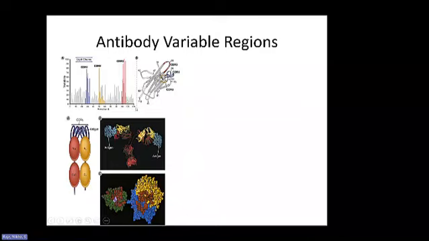If you look at the variability, you see that the variability is much more in these CDR1, CDR2, CDR3 regions rather than the rest of the antigen binding sites on the antibodies.